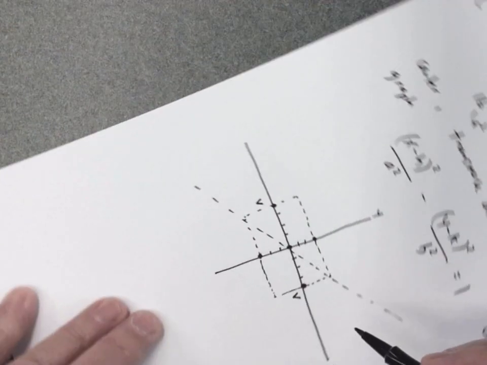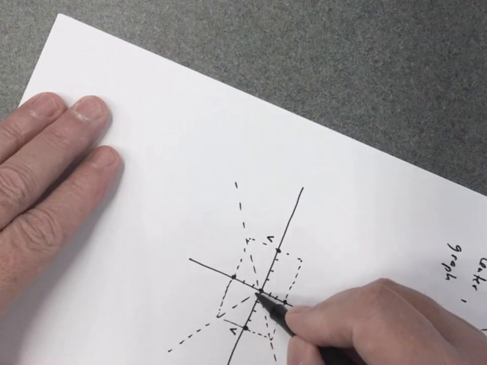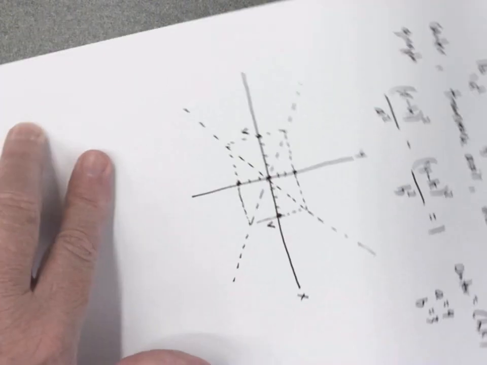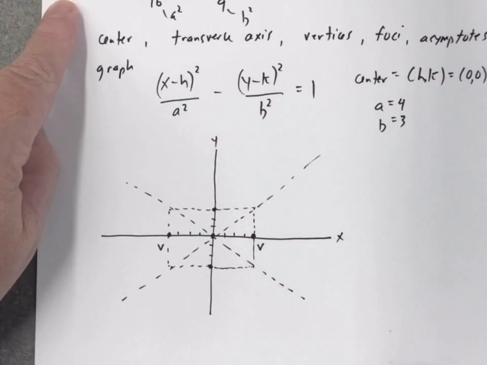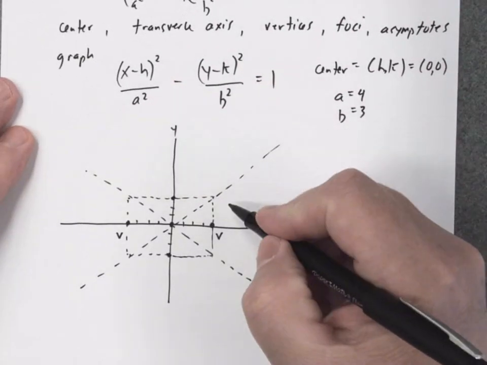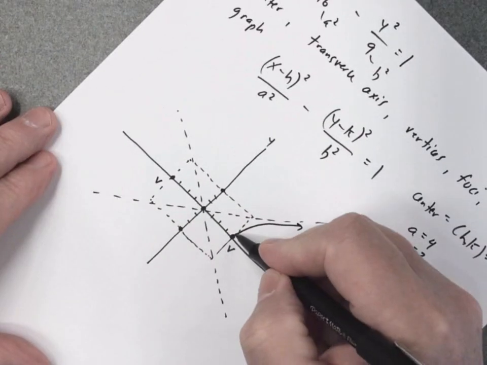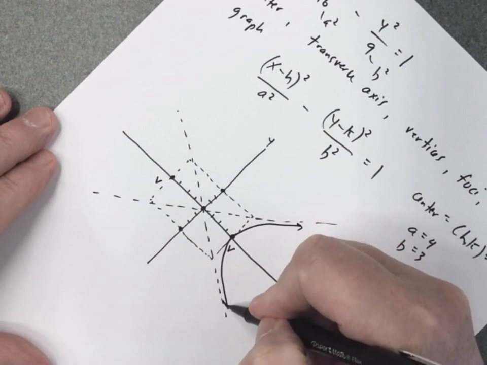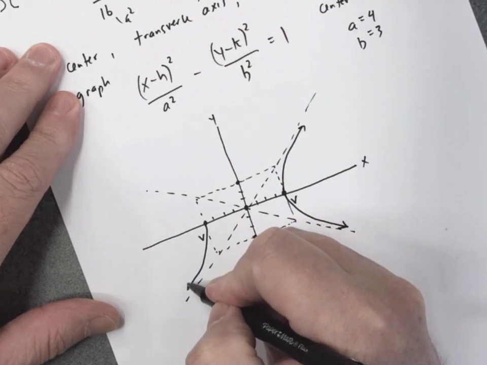These lines end up being called asymptotes, which we're going to have to work with later on. Now, once you have this, since we know it is a left or right hyperbola, we have a pretty good idea of what this hyperbola is going to look like.